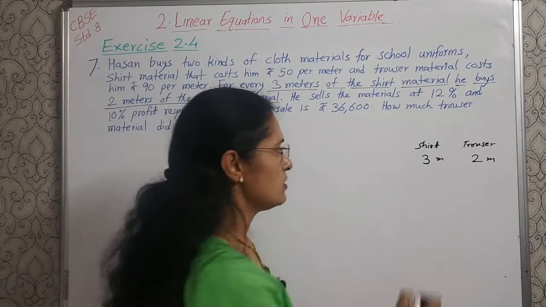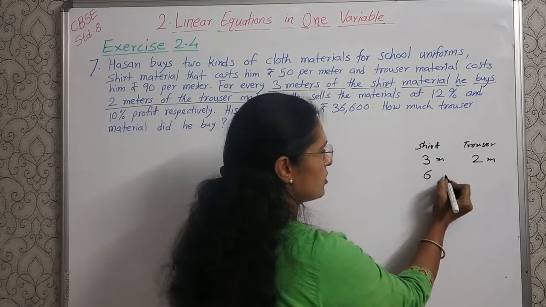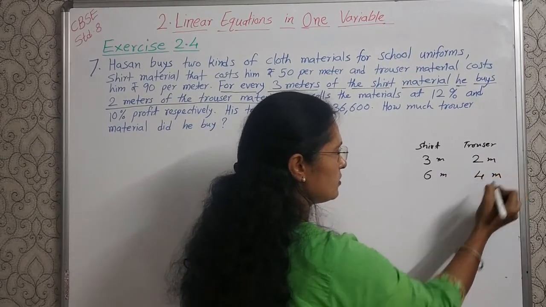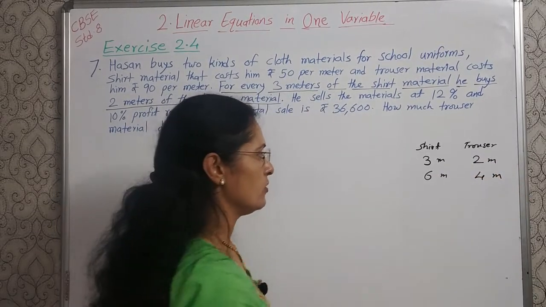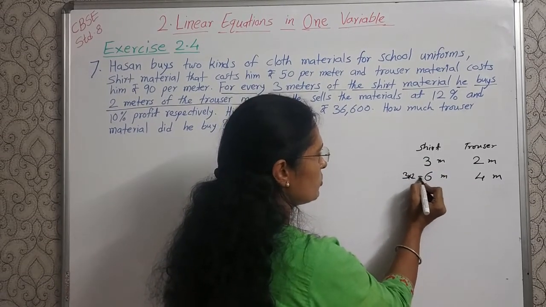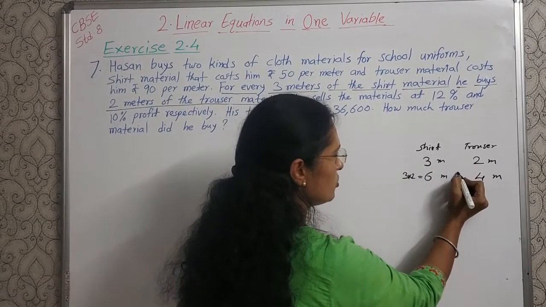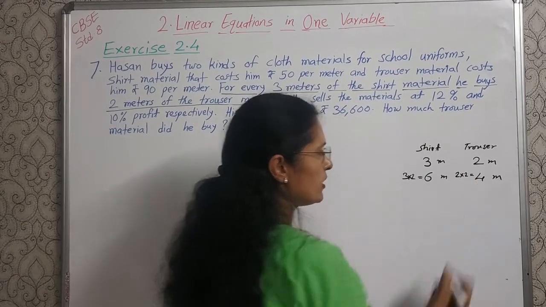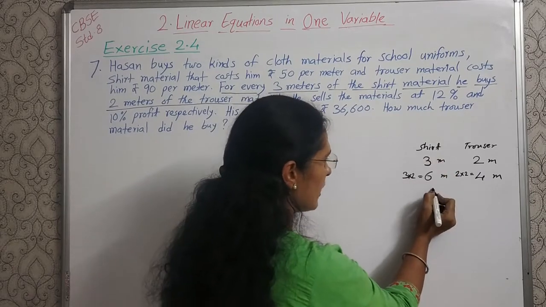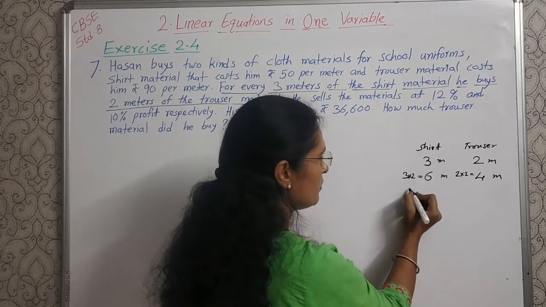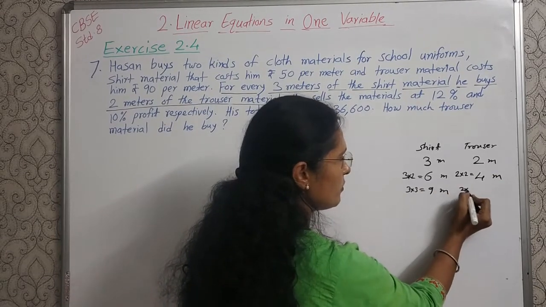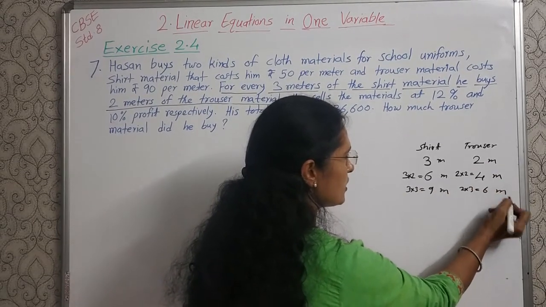Now if he buys 6 meters of shirt material, then he buys 4 meters of the trouser material. It means this 3 is multiplied by 2 and we get 6. So here also this 2 will be multiplied by 2 and we get 4. Now if he buys 9 meters, it means 3 times of this 3 meter. So 3 into 3 it will be 9 meter. Then here also it will be 2 into 3, so 6 meter.